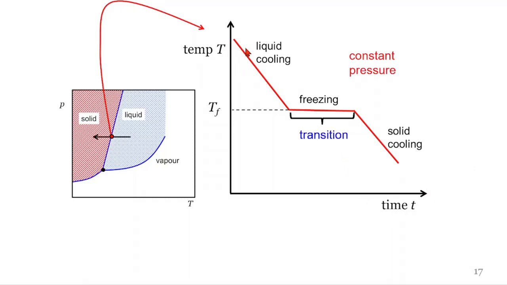As the liquid is cooled down, it gets to the freezing temperature and it freezes. And during freezing, the temperature remains constant until all the liquid would have changed from liquid to solid. And as cooling continues, the temperature falls again.